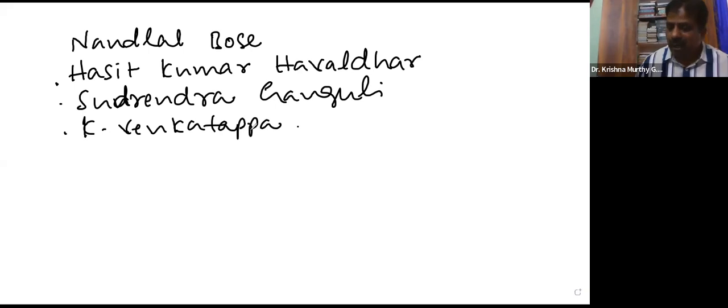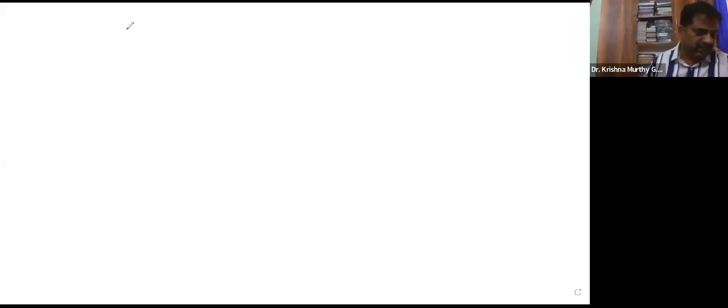They also focused on the exploitation by the British, particularly in rural areas. Now I am focusing on the prominent painters and important paintings in these sections.